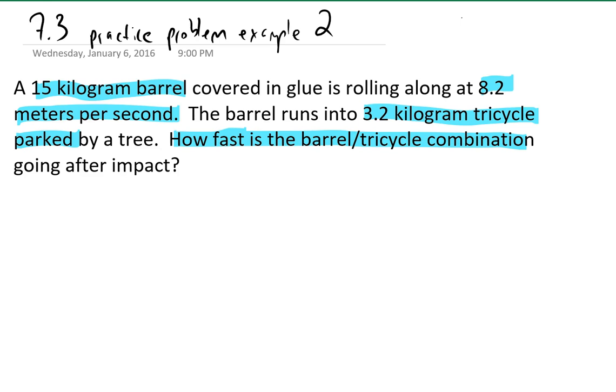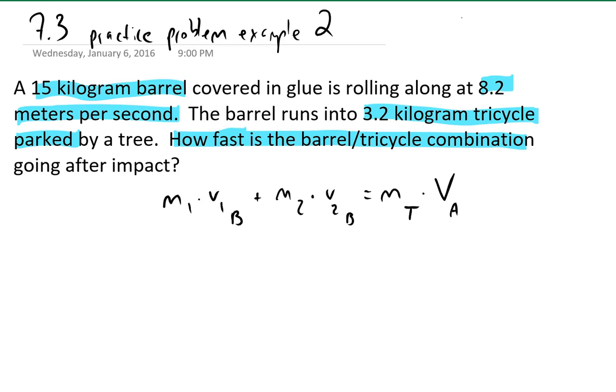Okay, so we'll go into that in a second, but let's go ahead and write out our equation. So for inelastic collisions, the equation is going to be mass 1 times velocity 1 before plus mass 2 times velocity 2 before is equal to the total mass of our two objects multiplied by the velocity of the two objects after the collision.